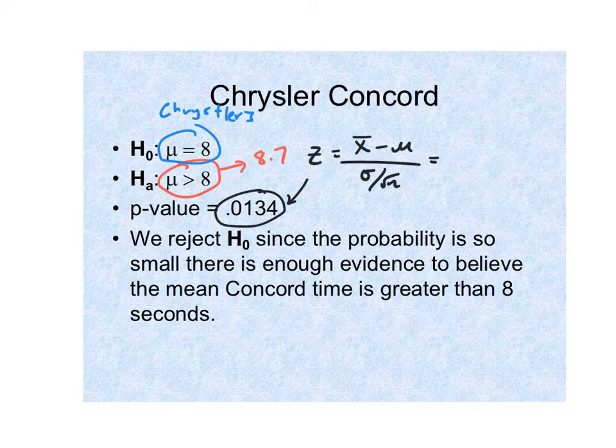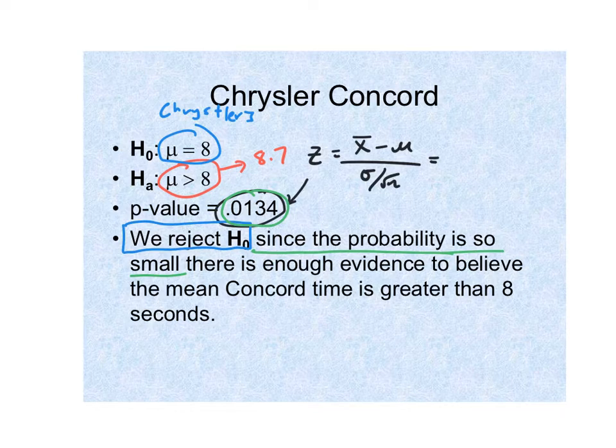Okay, so here in this first part we're saying what's going to happen to the original claim. We're going to reject it, right? Why are we rejecting it? Because when we did the calculation, we got a probability that was so small it's very unlikely of happening.